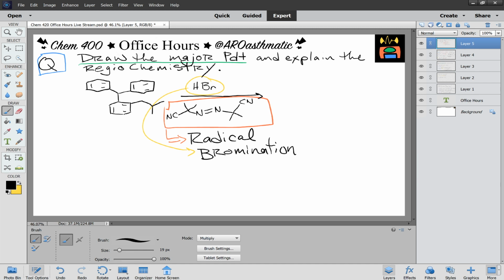If we're going to do a bromination, the major product comes from the most stable radical.